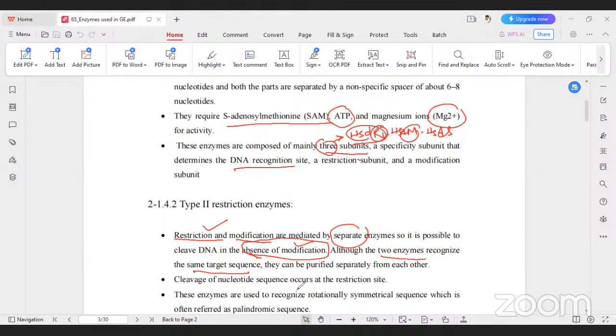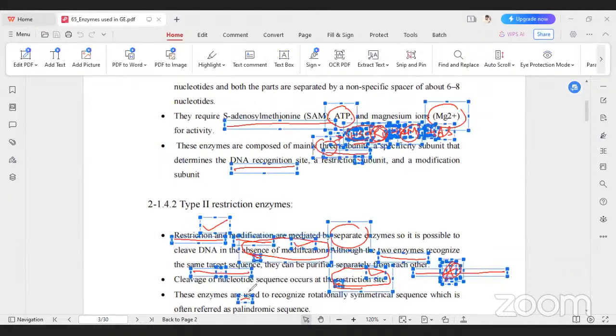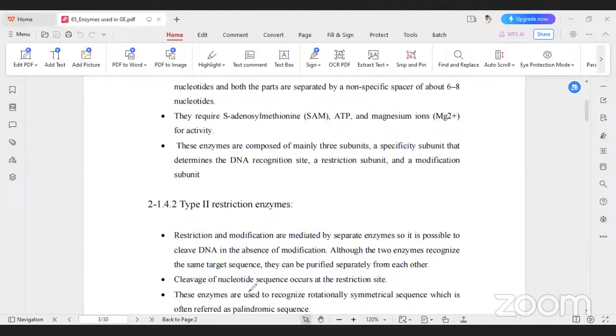The cleavage occurs at the restriction site, not away from it at 1000, 2000, 3000. Exactly, it cleaves at the cleavage site. This is the DNA, here is the cleavage site, where restriction takes place. The enzymes recognize a rotationally symmetrical sequence, which is often referred to as a palindromic sequence. That restriction site should have some palindromic sequence. I will explain the palindromic sequences later.